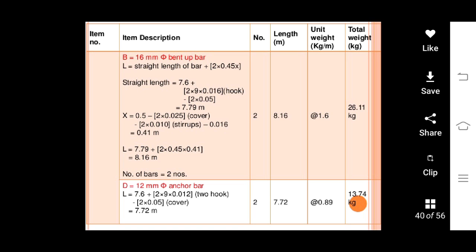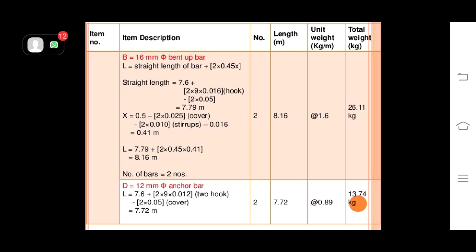The total number of bars for the beam is 2, having length of 8.16 by addition and deduction. Now the total weight of 16 mm bars is the multiplication of 2 into 8.16 into 1.6 per meter weight, which gives the total weight of 26.11 kg.